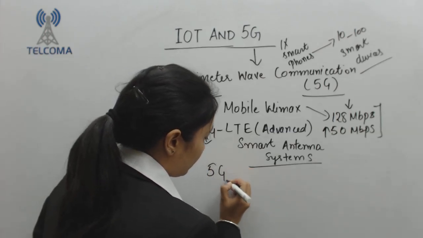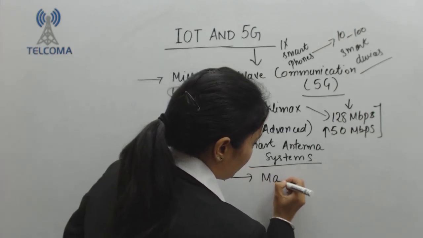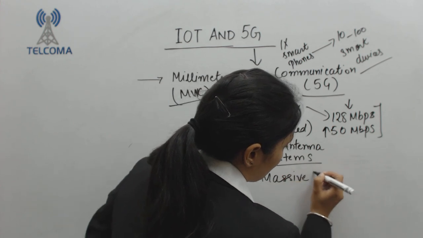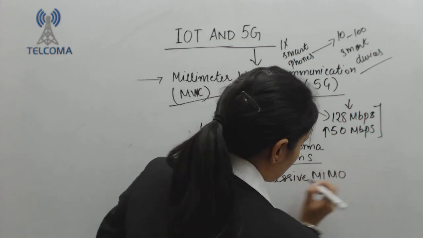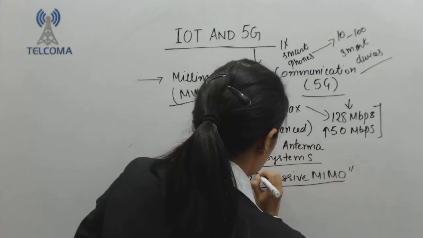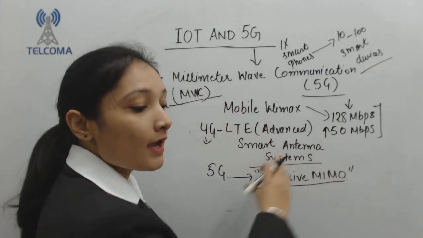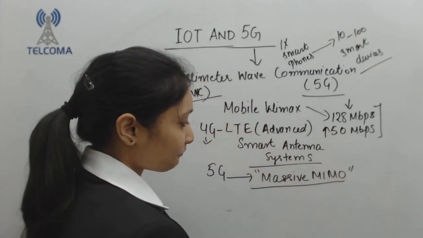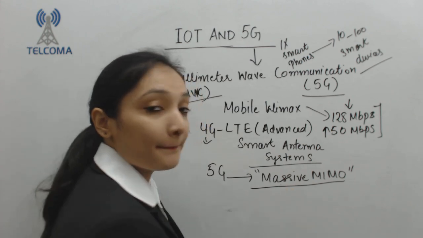So your fifth generation is using the massive MIMO technology. That means an array of antennas is used here for high beam forming.